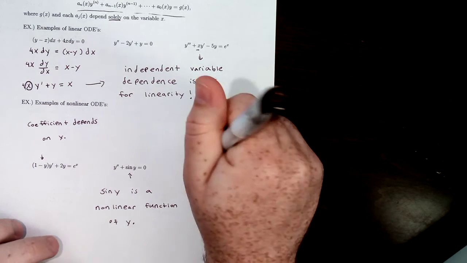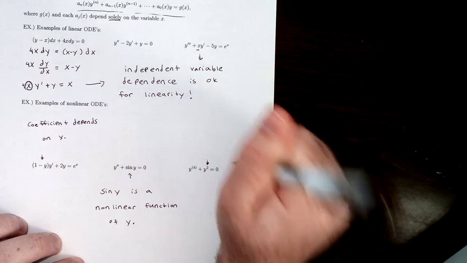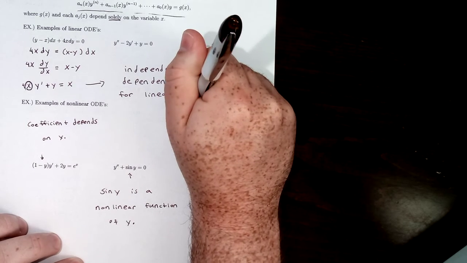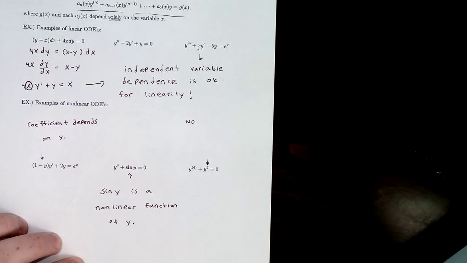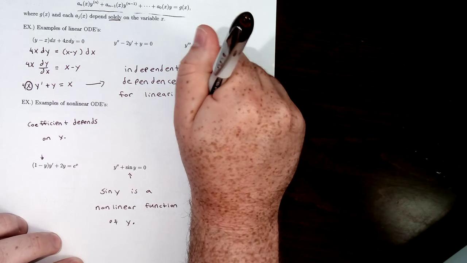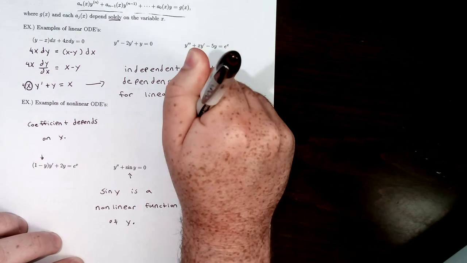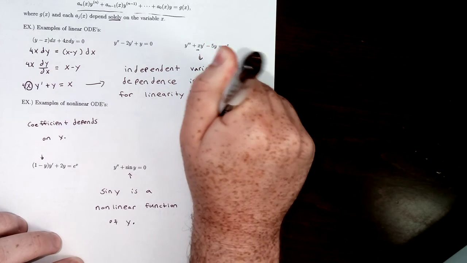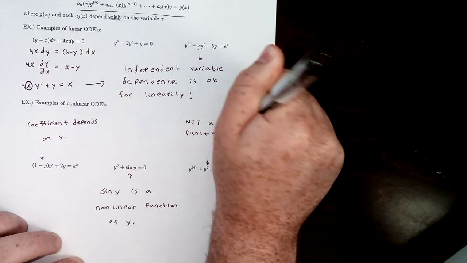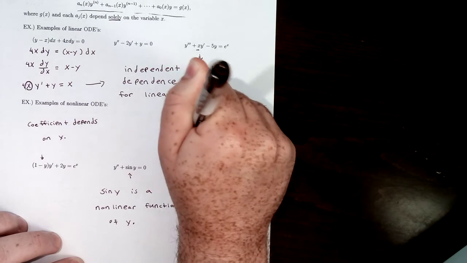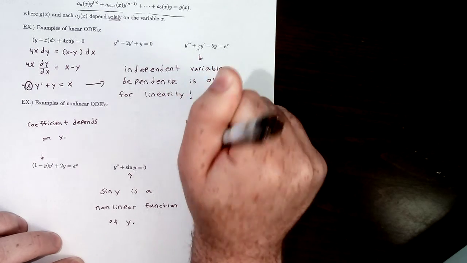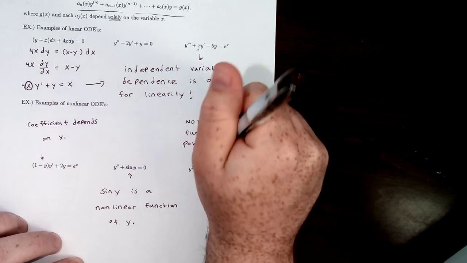The power of y is not 1. So this is why this ODE is nonlinear.